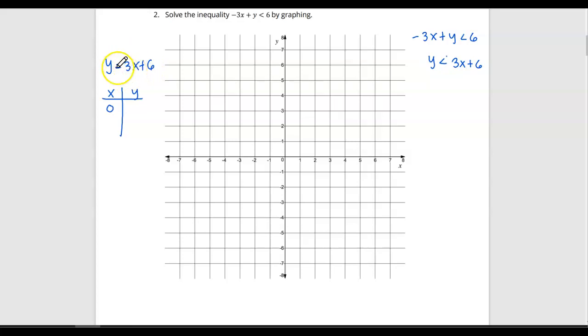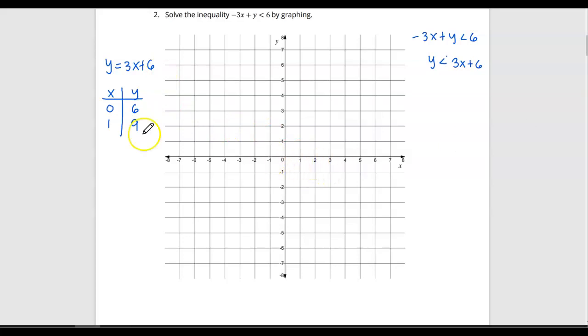This term here is 0, then y is 6. Then get another point, say for instance x is equal to 1. If x is equal to 1, we have 3 times 1, that is 3, plus 6 is equal to 9. So we have 9.